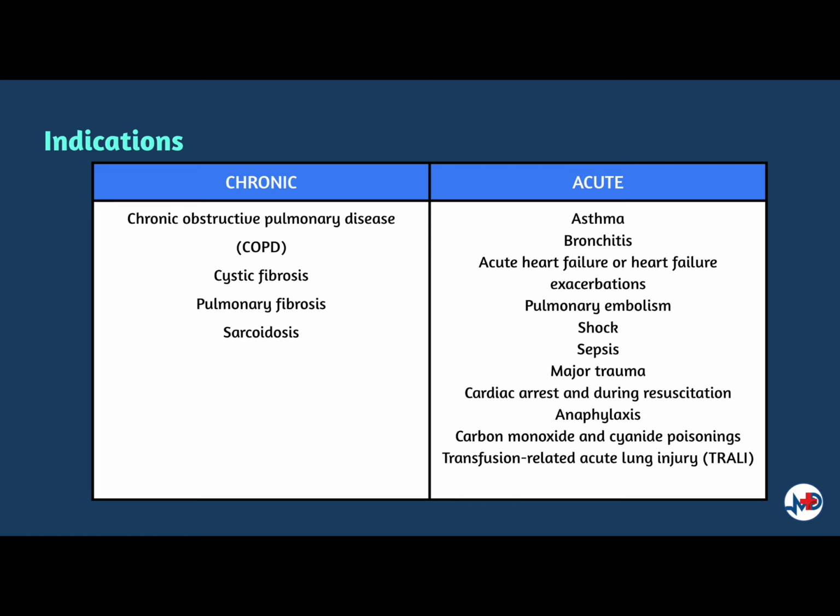However, in acute conditions, there are some medical emergencies that require high concentrations of oxygen, such as in shock, sepsis, major trauma, cardiac arrest during resuscitation, anaphylaxis, carbon monoxide and cyanide poisoning, asthma exacerbation, acute heart failure, pulmonary embolism, and transfusion-related acute lung injury or TRALI.